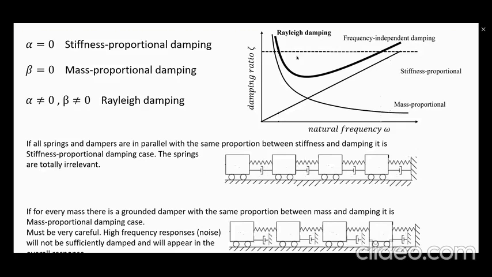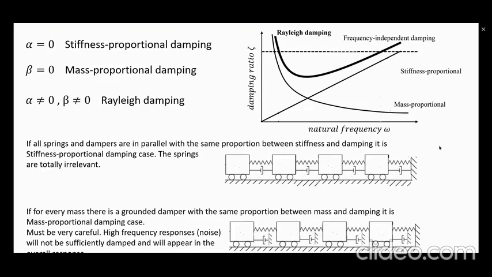Now, the one problem with the mass proportional damping, you might say, well, why don't I always set alpha equal to 0 and work with the case of beta times K? Or why don't I always put beta equal to 0 and always work with alpha M? Working with alpha M alone is not really what happens in real life. If you look at the case where beta is 0, so we are dealing with mass proportional damping right there, it says that at high frequencies the damping is very small.